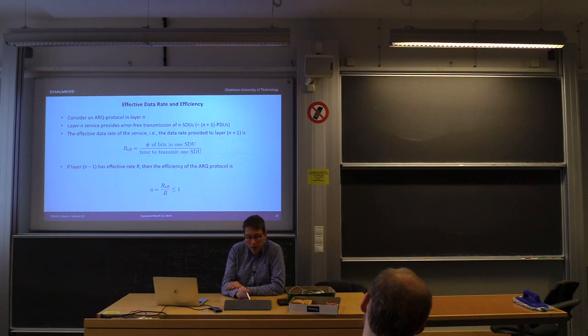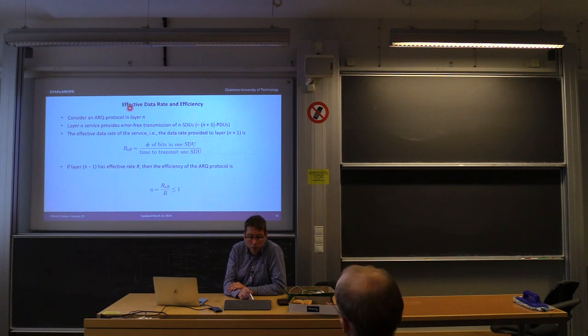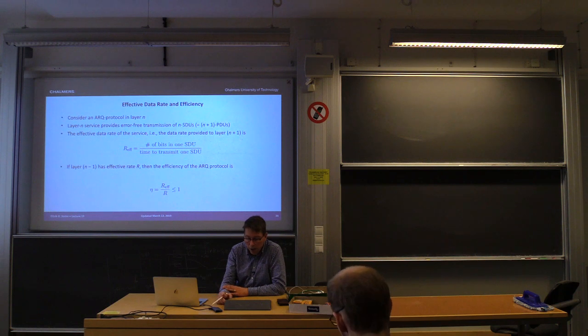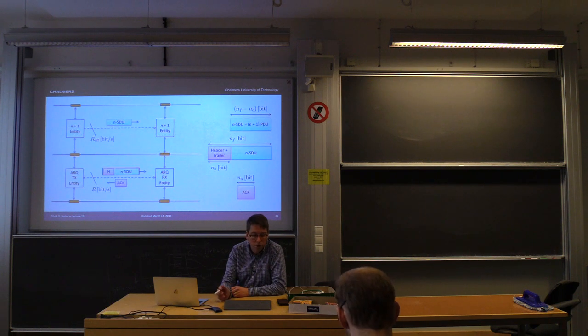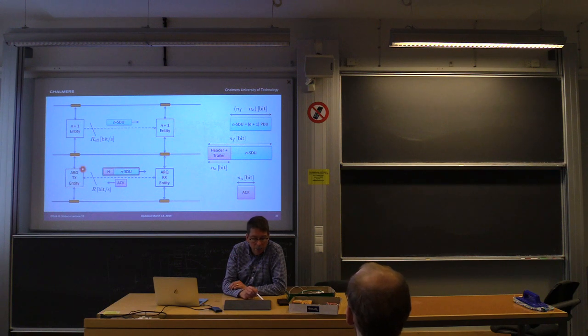Again, to measure the efficiency of these ARQ protocols, we use the effective data rate and efficiency that we talked about earlier. But I have a plot of this also, if you like. So if this layer is implementing the ARQ protocol, it will send information frames and ACK frames back and forth using a data rate which is R bits per second.